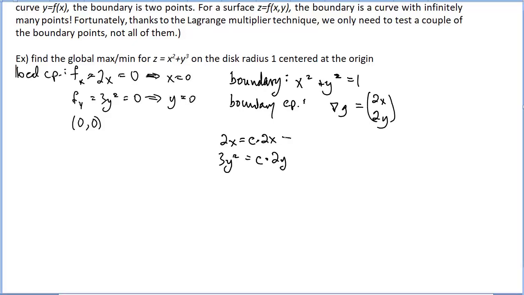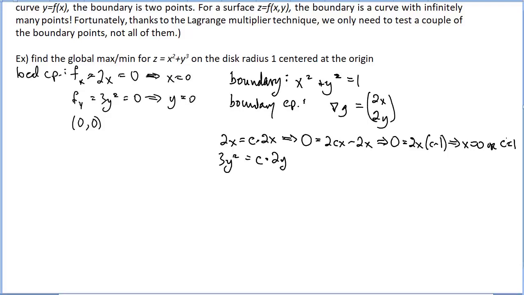From the first equation, we get that 0 equals 2cx minus 2x, and then we can factor that. So 0 equals 2x times (c minus 1). Solving that, we know that either x equals 0 or c equals 1. So this is going to give us a couple possibilities. The algebra is slightly more complicated, but still we can do it.